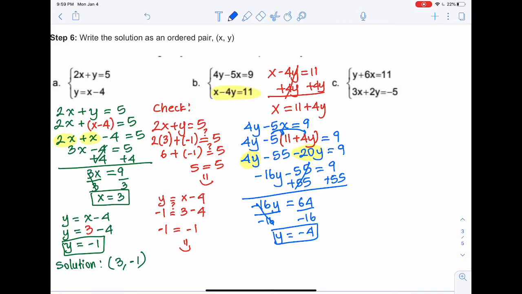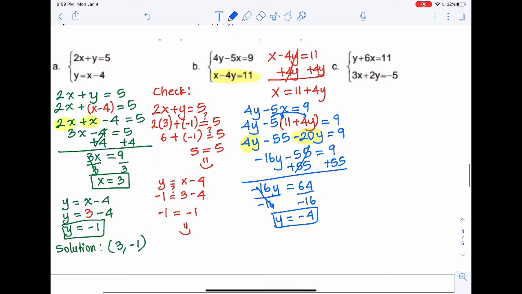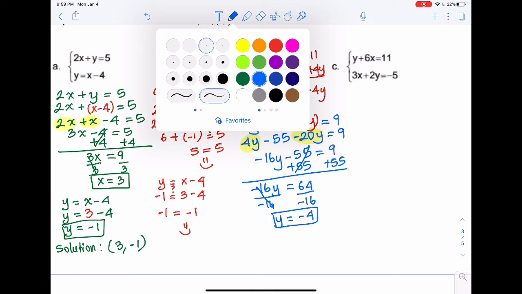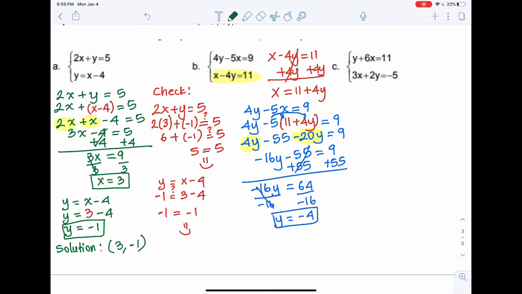Now let's use this y and substitute in the second equation. Let's use another color. x minus 4y is equal to 11. x minus 4 times negative 4.